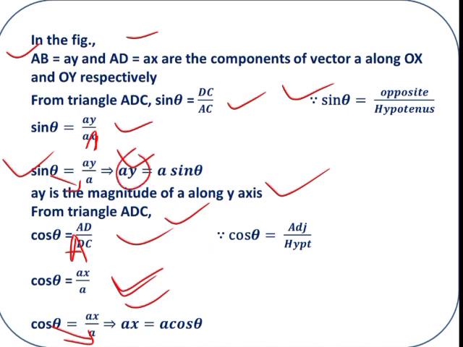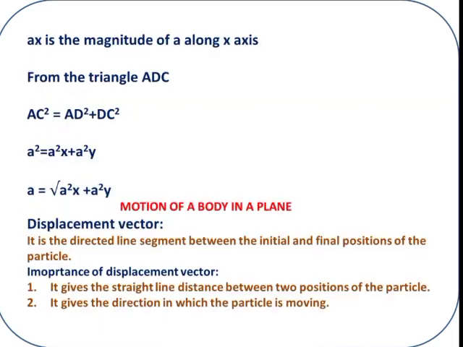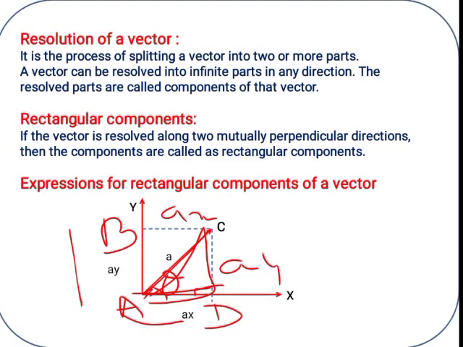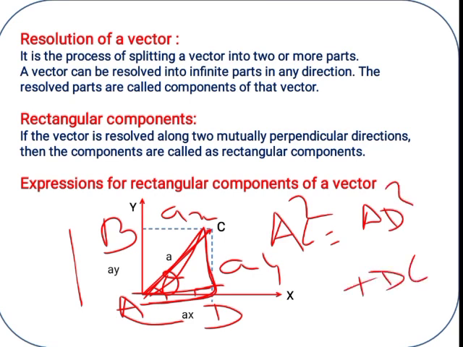So this is about the AY component and the AX component. Now we can find the magnitude. From triangle ADC, we know the Pythagoras theorem: AC square is equal to AD square plus DC square, or CD square.